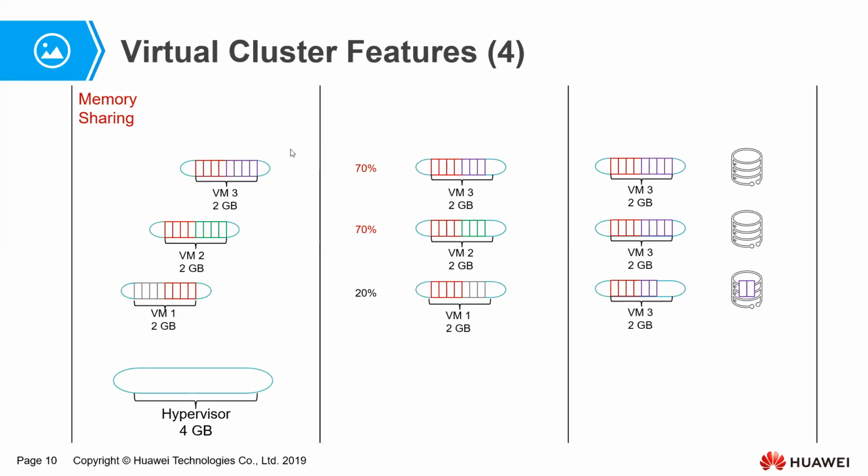Okay, so let us also look at memory ballooning. With memory ballooning, we see that we have our 3 virtual machines that we created, and we assigned 4 GBs.